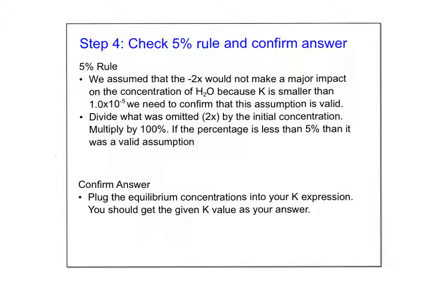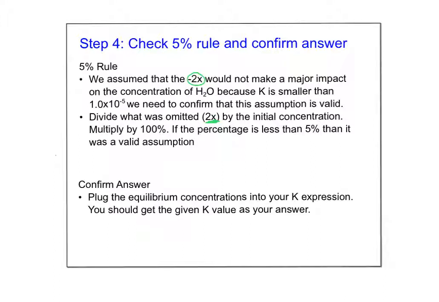Omitting the minus 2x is called the 5% rule. What we assumed is that minus 2x wouldn't make a major impact because K was smaller than 1.0 times 10 to the negative 5th. The way we can confirm this is we want to make sure that what was omitted, 2x, is less than 5% of what we started with.